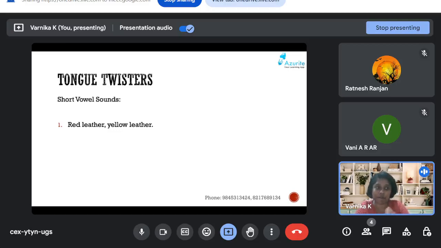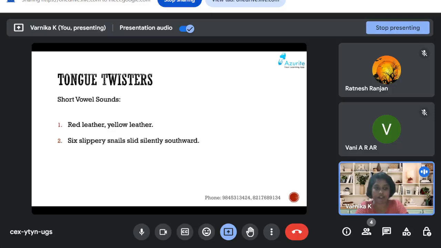This is to improve your pronunciation. Make sure you're writing this down and practicing it. For the rest of the week I want you to practice it to improve your pronunciation. You need to get these sounds in your tongue.